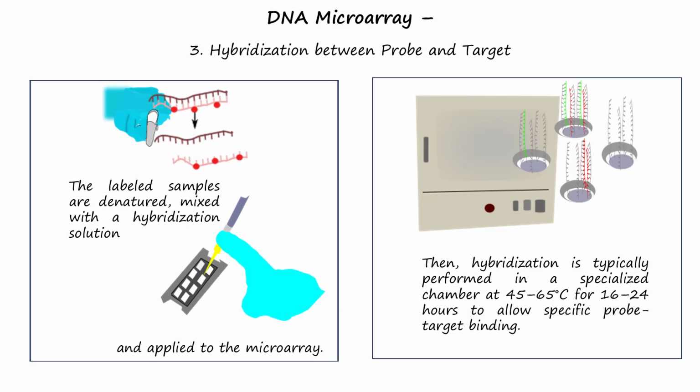The labeled sample is then mixed with hybridization buffer and applied to the array, where target nucleic acids hybridize to complementary probes. Hybridization is typically performed in a specialized chamber at 45 to 65 degrees Celsius for 16 to 24 hours to allow specific probe-target binding.